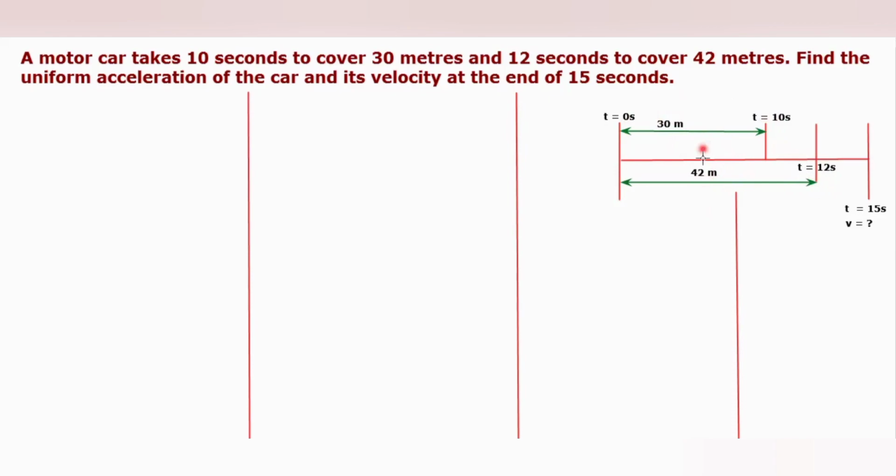So by using these two observations, we have to calculate the data required to calculate the acceleration of the car. And with this acceleration, if the car is in motion, then at t equal 15 seconds, what will be the velocity of the car? That we have to calculate.